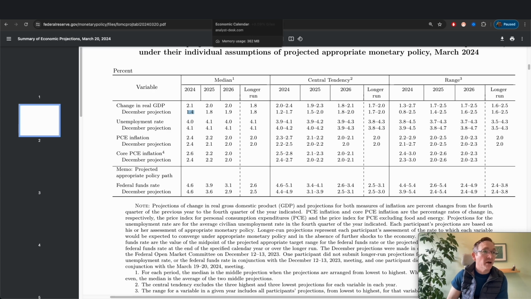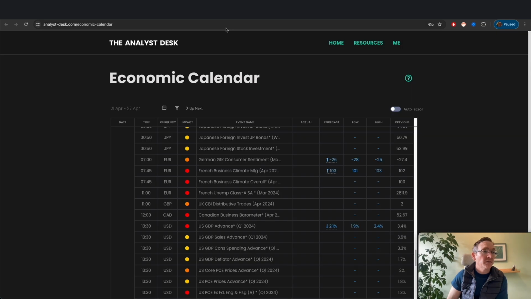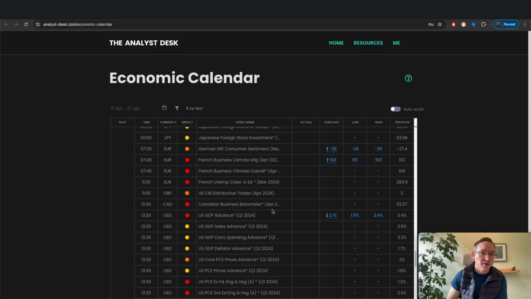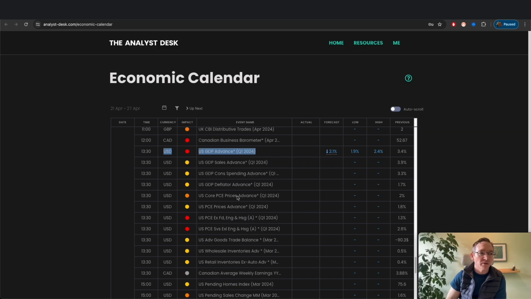So firmer GDP data, obsessed with inflation like the rest of the market, is going to result in further upside in the dollar. So if this comes in hotter, above 2.4%, 2.5%, it will justify the higher for longer rates narrative. Dollar strength, not one to miss.